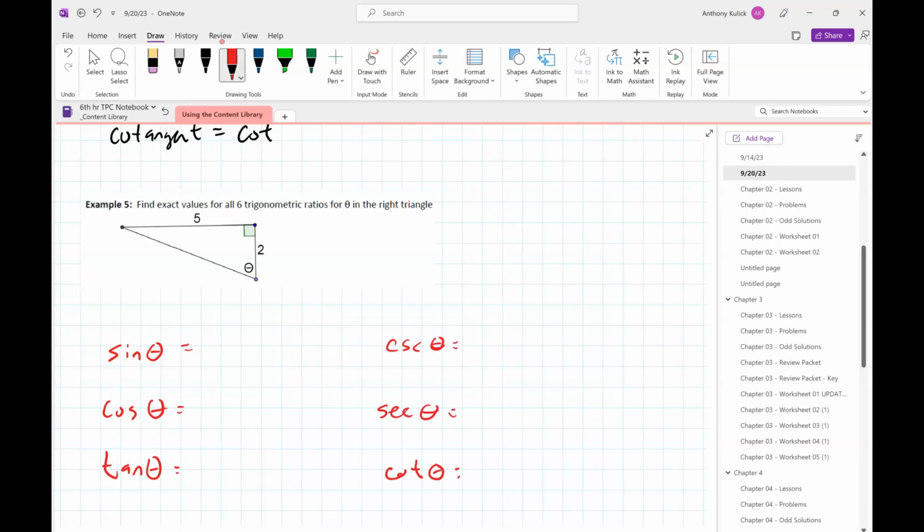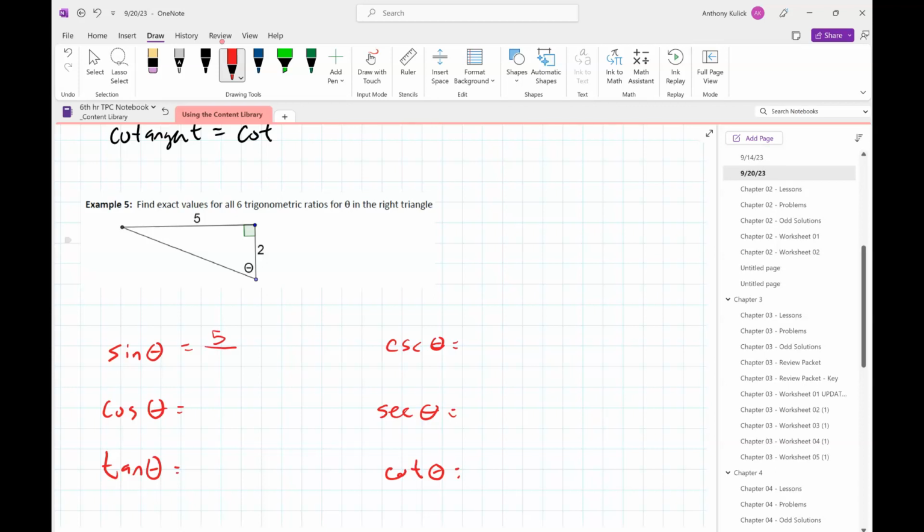All right. So sine I know is what? Opposite over hypotenuse. What's the opposite in this case? 5. Okay. And what's the hypotenuse?